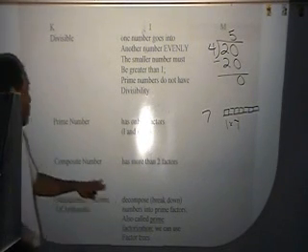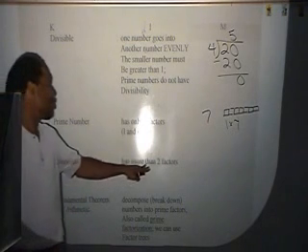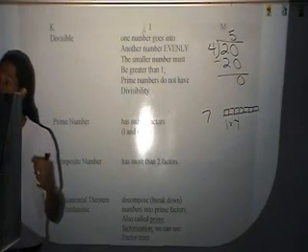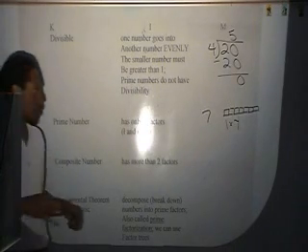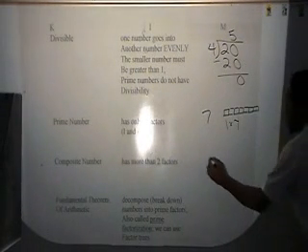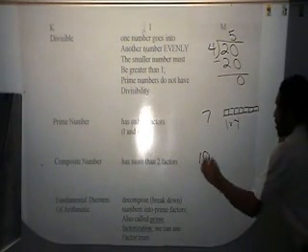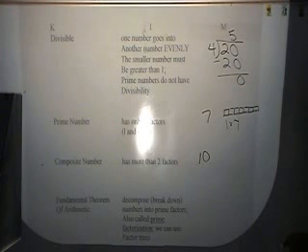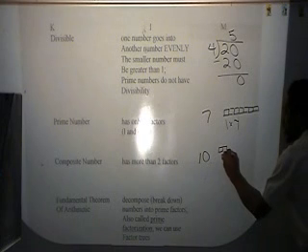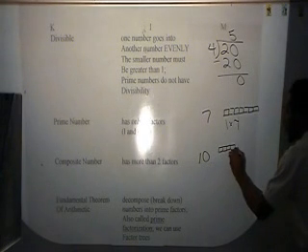Okay. Composite says it has 2 or more factors. That means that it can be rearranged a different way. So for a composite number, we're going to use 10. Okay? And we're going to draw 10 squares.